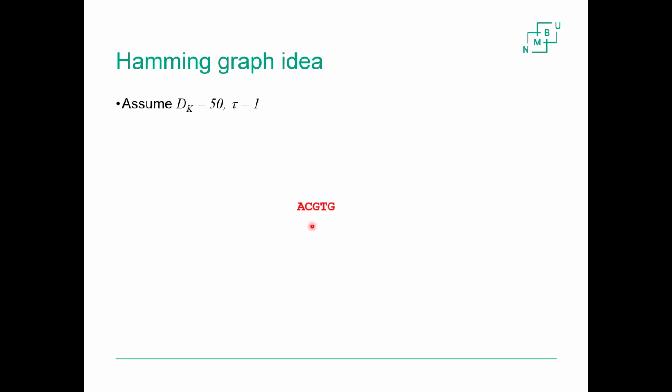So let's say this is one of those error-free k-mers. I made it red here to symbolize that we have seen this one many times. You can think of many k-mers sort of on top of each other here. But since we also have sequencing errors, we will typically have some variants of this k-mer, which are due to errors.